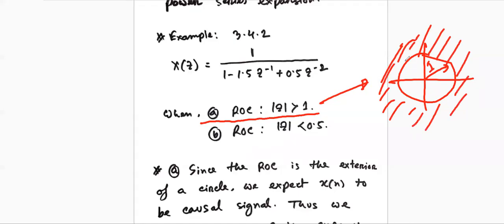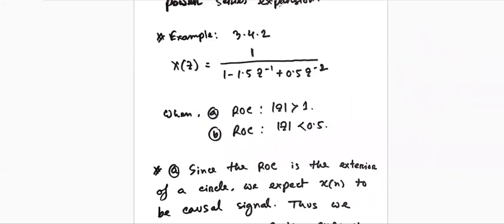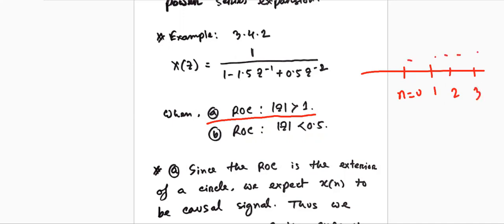So what kind of sequence is this? Definitely this is a causal sequence. That means right-sided sequence. So in case of A, we are targeting a right-sided sequence. If you target the right-sided sequences, how does it look at n equals 0, n equals 1, 2, 3? You have the samples. If you have the samples, then what should be the power of z?